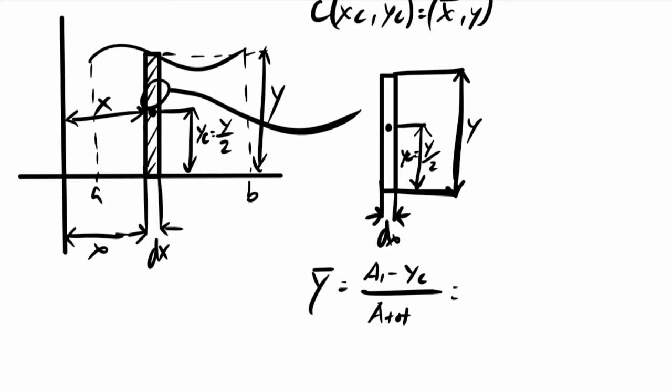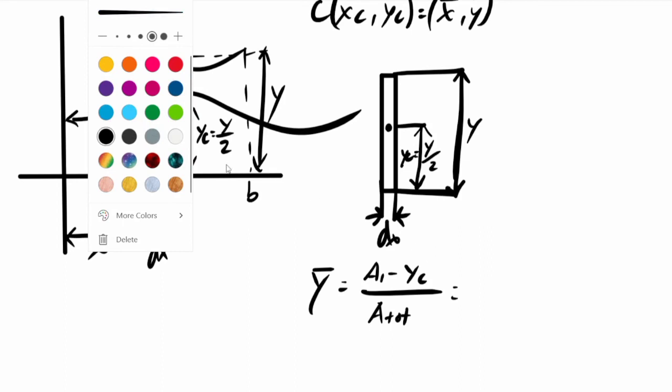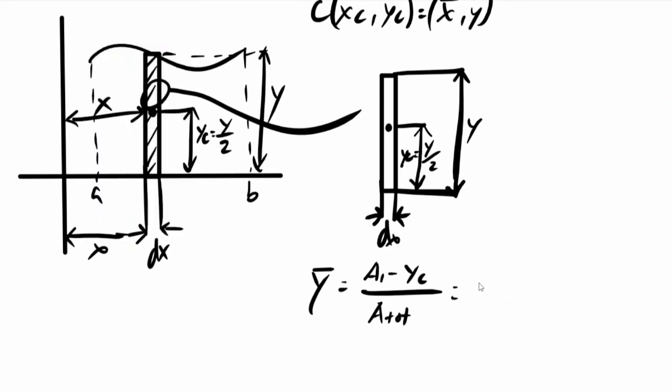So let's put in y here. The limits from a to b is y. This is times A times yc. I forgot, I'm sorry.